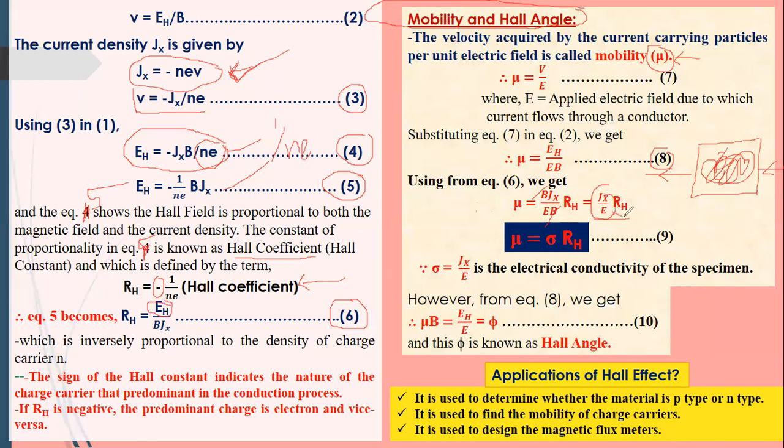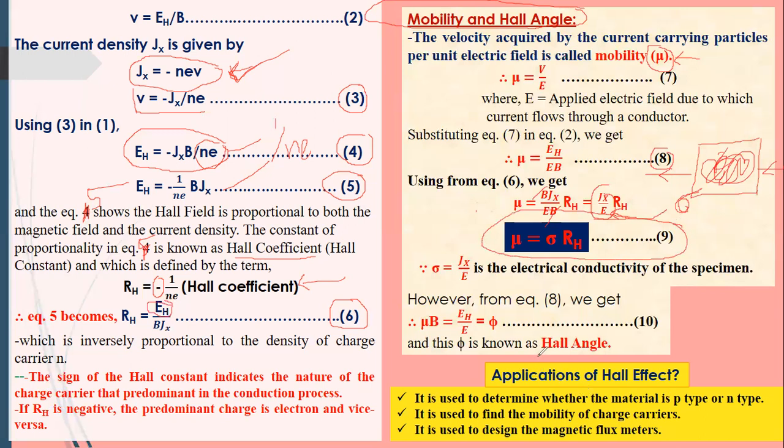So Jx upon E, this whole term, is sigma, the electrical conductivity of the particular specimen. Hence this equation number 9 is the mobility equation.